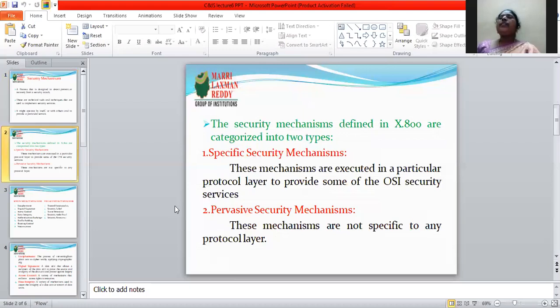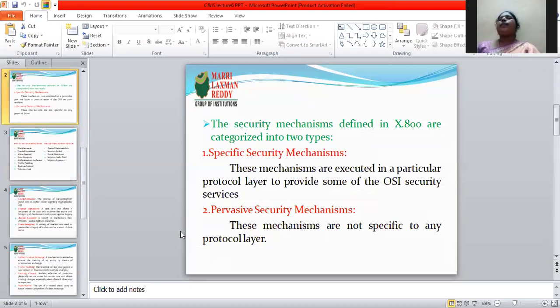It can be divided into two categories. First one, specific security mechanism. Second one, pervasive security mechanism. Specific security mechanisms are executed in a particular protocol layer to provide some of the OSI security services.